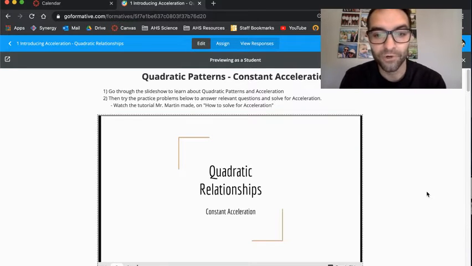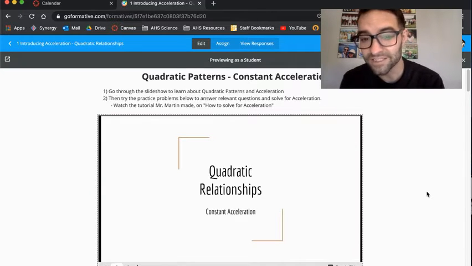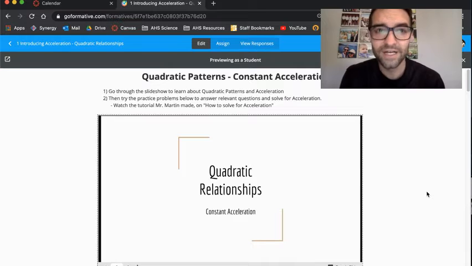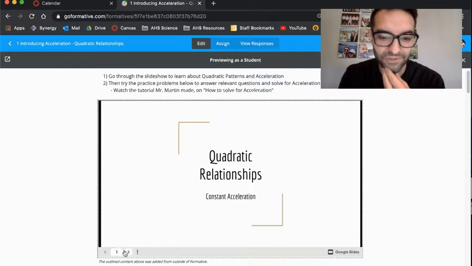But technically, both are forms of acceleration. You might have a negative acceleration or a positive acceleration. So that's something to keep in mind as we are looking at acceleration and these new types of scenarios. And let's go through the slideshow to further this.